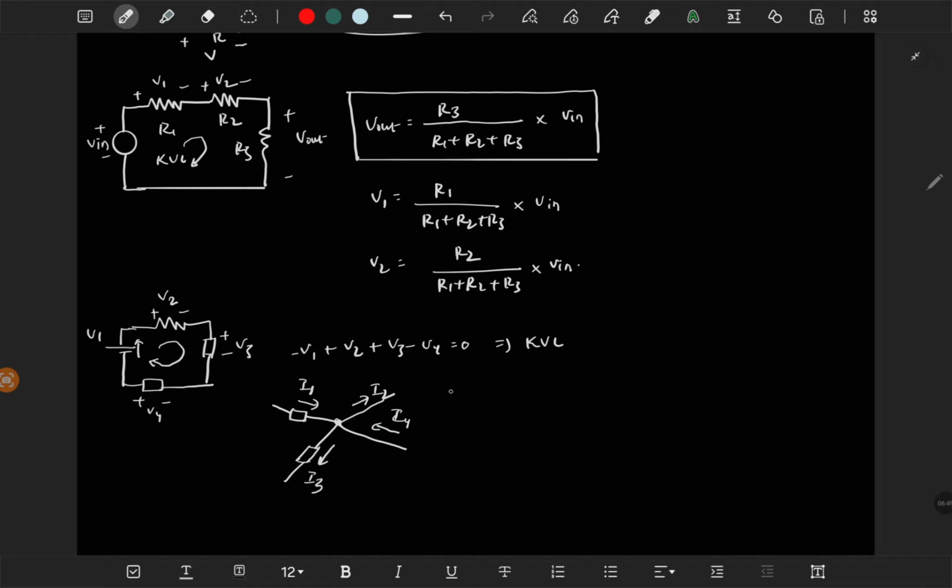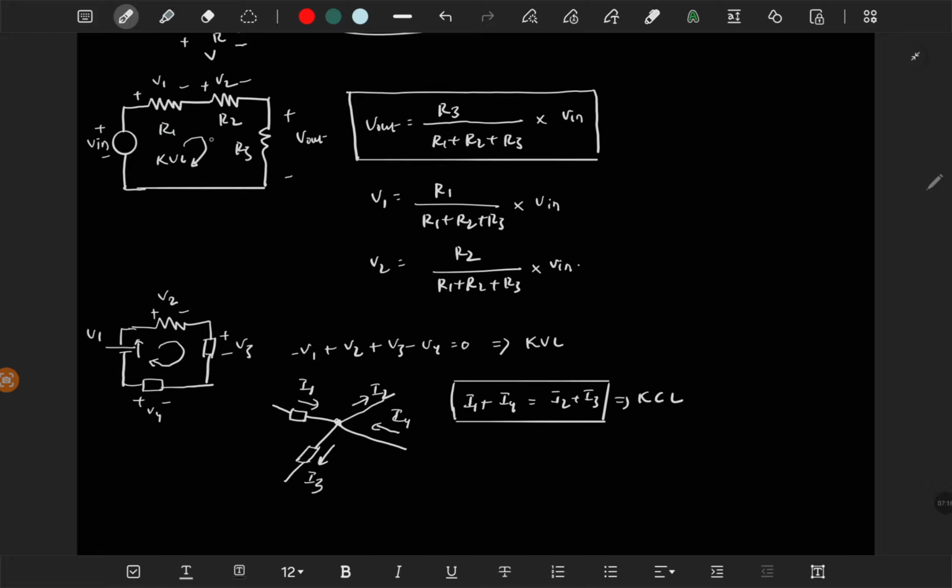Then the sum of the entering currents is equal to the sum of the leaving currents. That is KCL. So the entering currents I1 plus I4 is equal to the leaving currents I2 plus I3. This is KCL, Kirchhoff's current law.